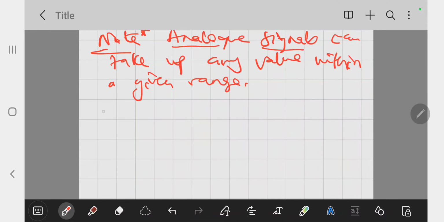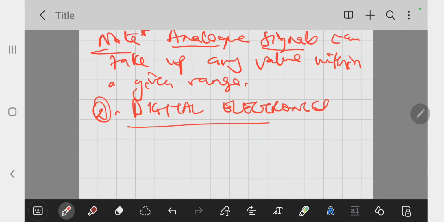So we move on. Number two, the other classification of electrical signals is what we call digital electronics or signals. This one deals with discrete signals.